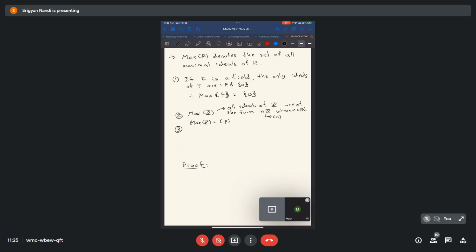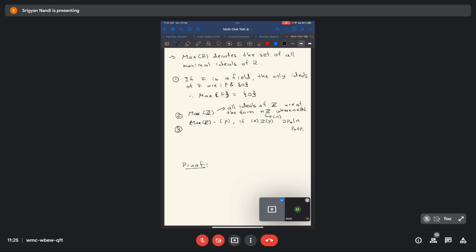Because if n is any other ideal that contains this prime ideal, then we can assume that there exists a prime p naught that divides n, such that p naught is not equal to p1. If p naught is equal to p1, then both are the same ideal.